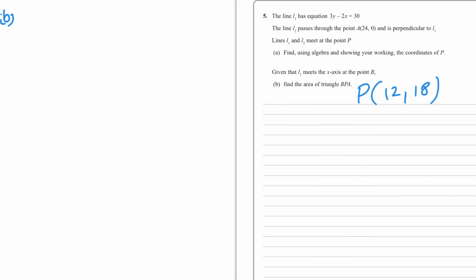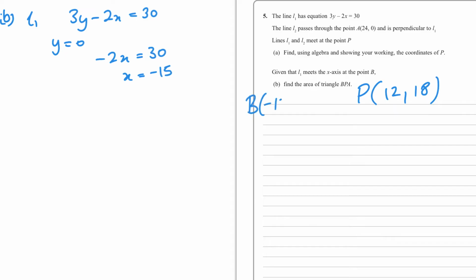Now L1 meets the x-axis at B. So you think of L1, which was 3y minus 2x equals 30. It's going to hit the x-axis when y is 0. So when y is 0, we get minus 2x equals 30, x equals -15. So the coordinates of B is (-15, 0), and we know the coordinates of A is (24, 0).